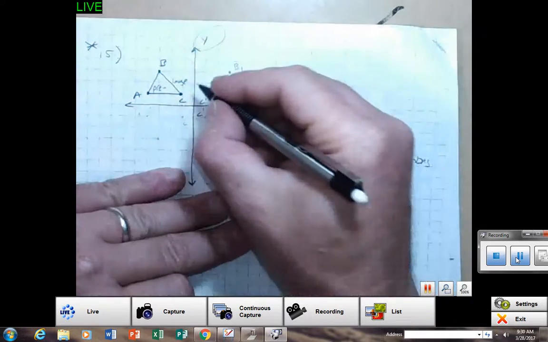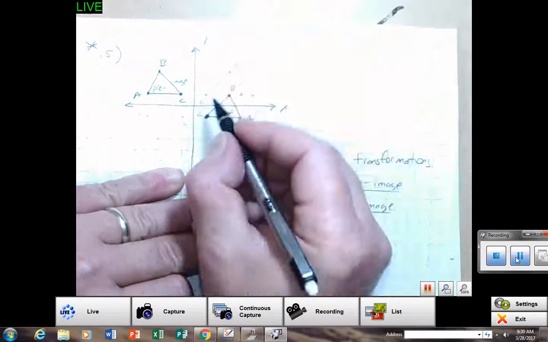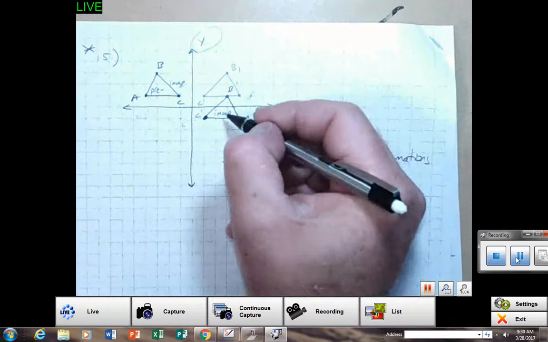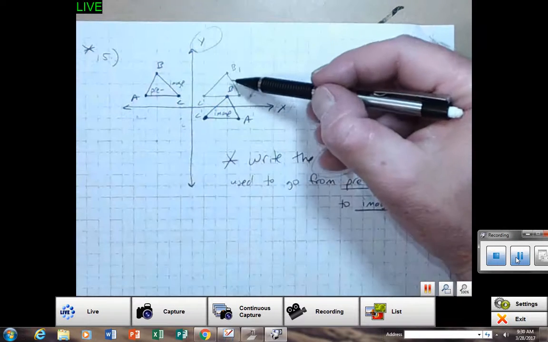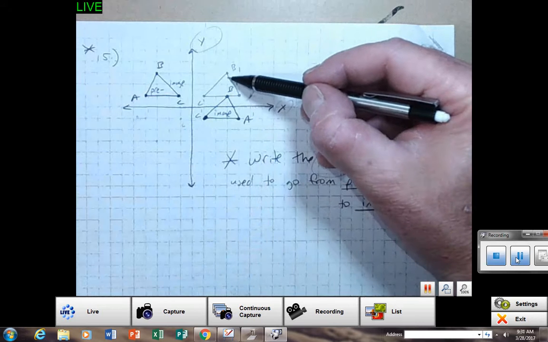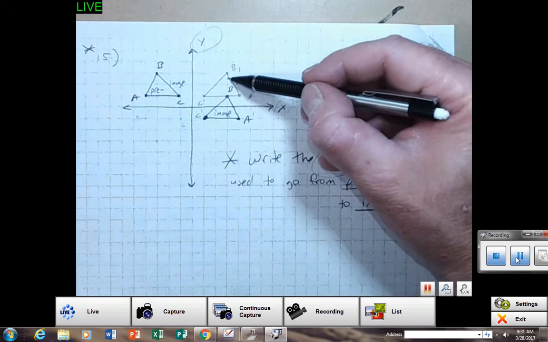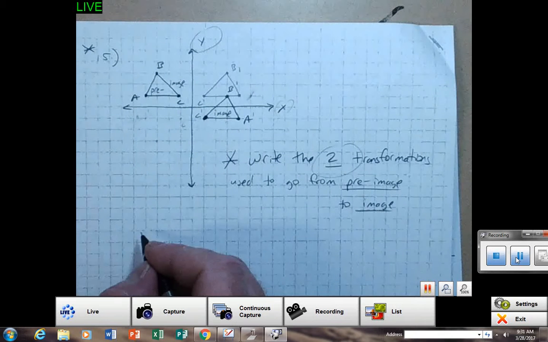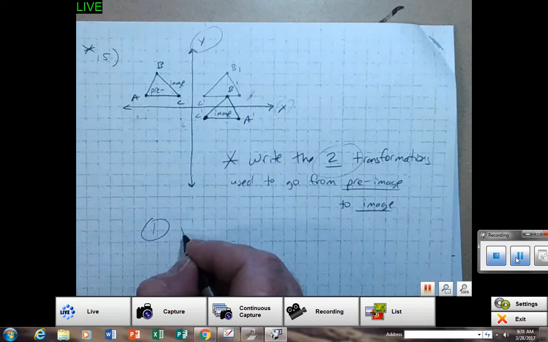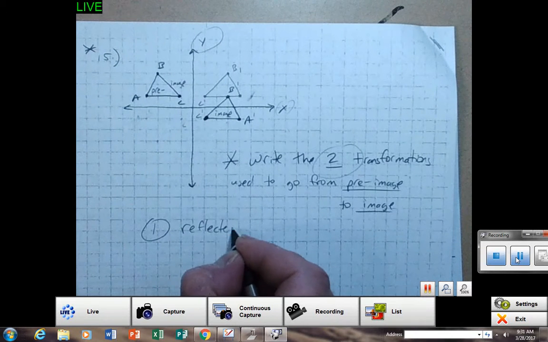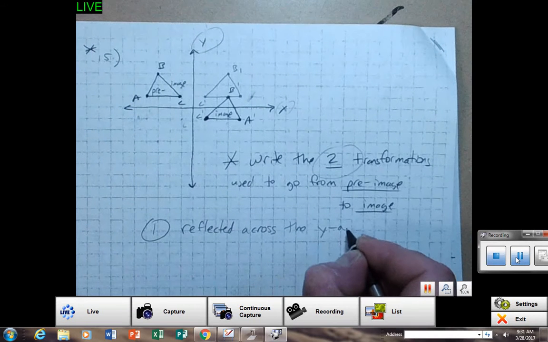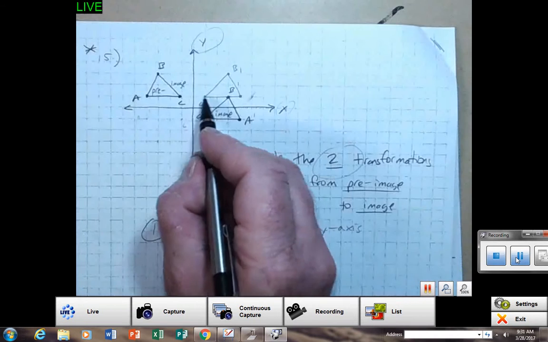So it looks like what I did, I first reflected over the y-axis, and then it looks like I take my triangle and just shift it down, which is a translation, shifting down 2 units. So that's what I'm going to write. First step, I reflected across the y-axis, straight across the y-axis.